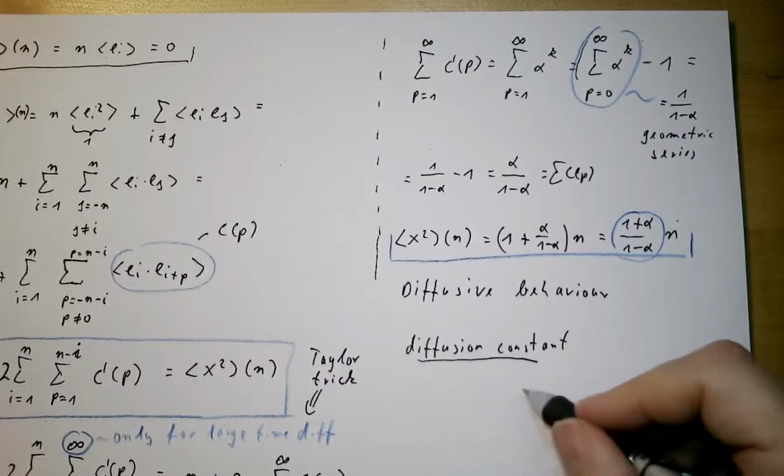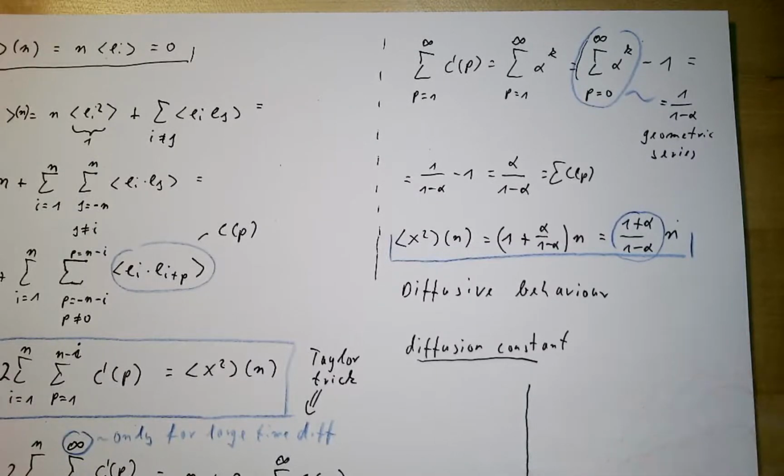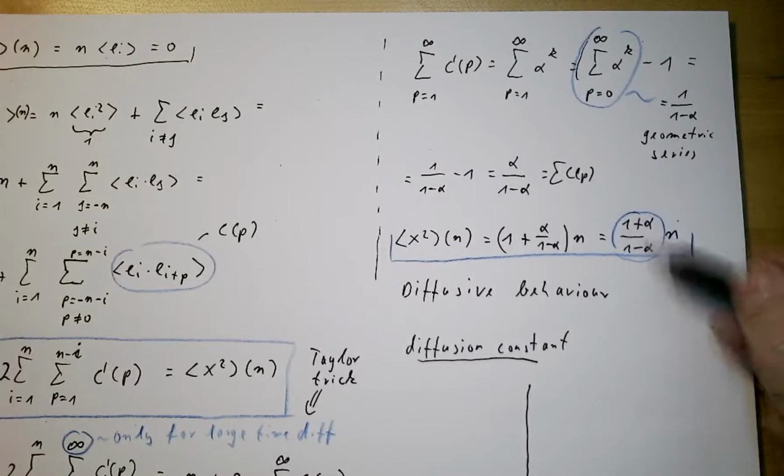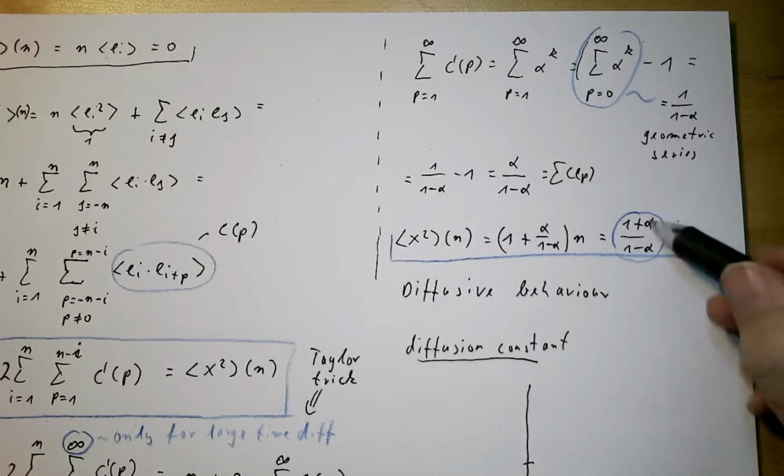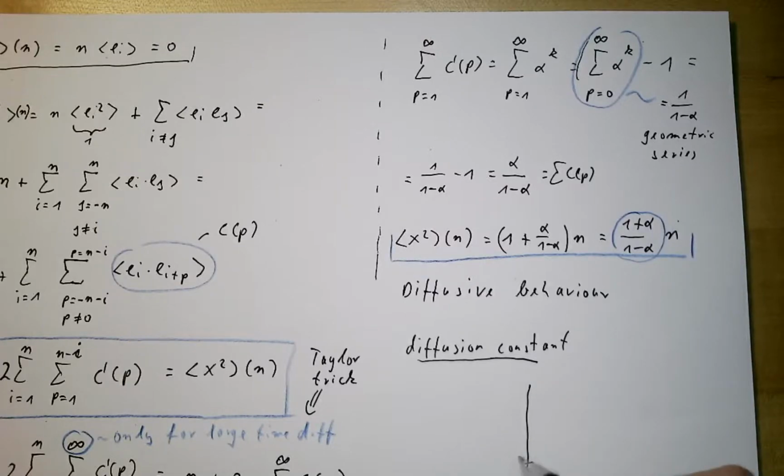So we can make a plot. Let's have here all possible alpha ranges. We've seen alpha goes between -1 and 1. Here's 0. And now we can plot this function as a function of alpha. For alpha equals 0, we go to 1. For alpha equals 1, we have here a pole.